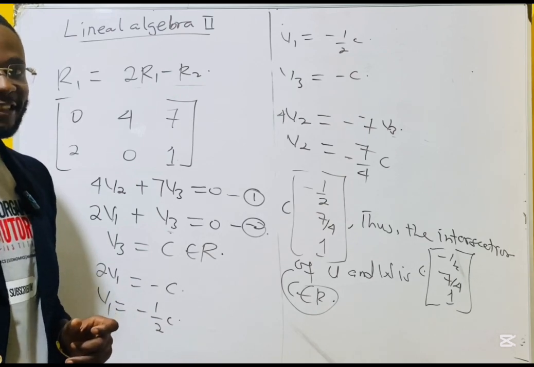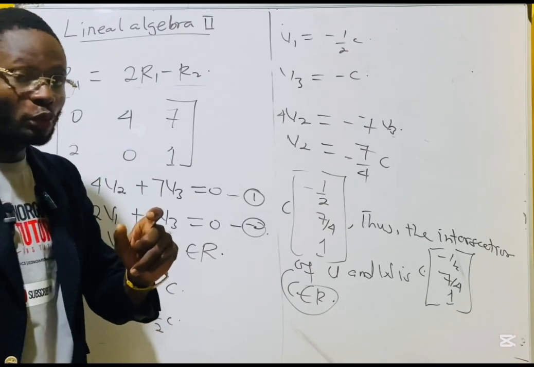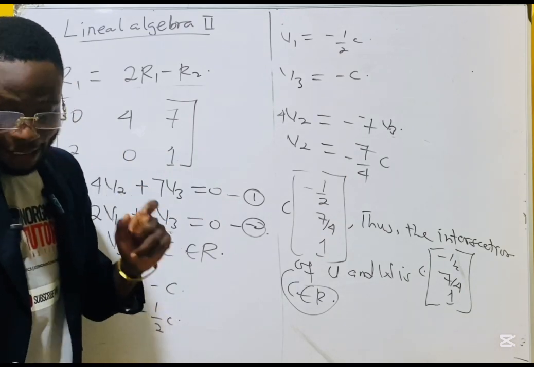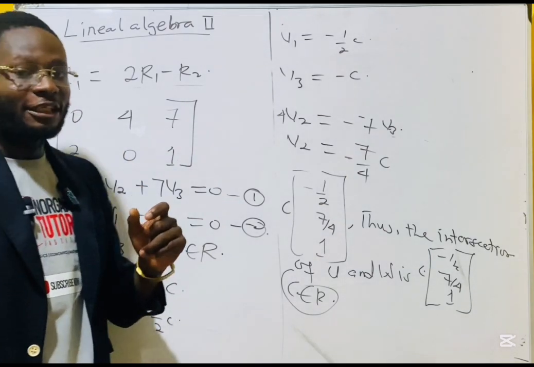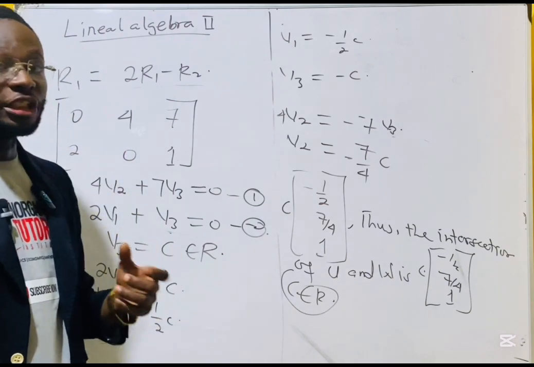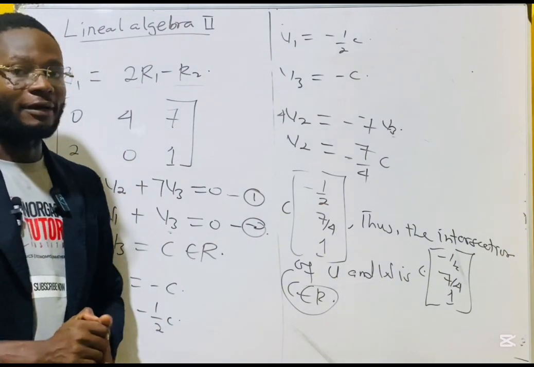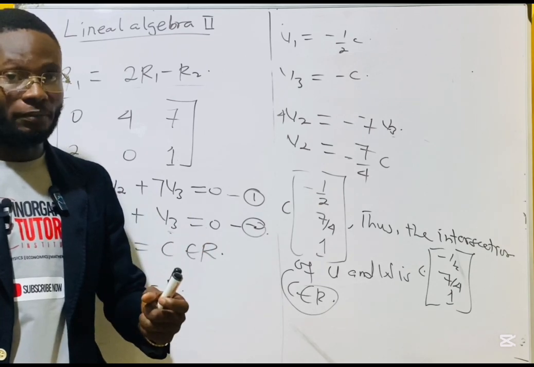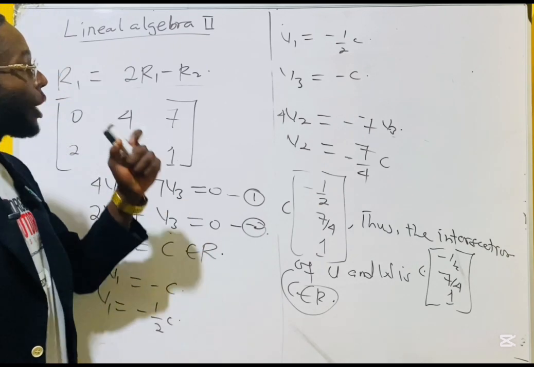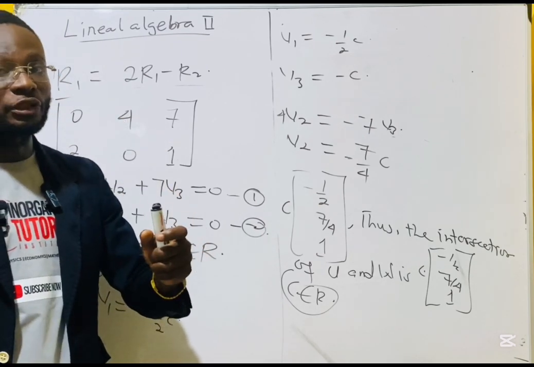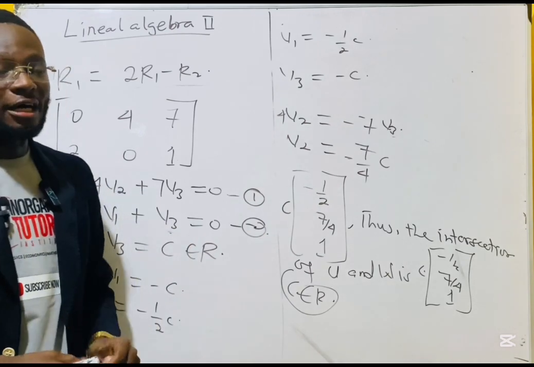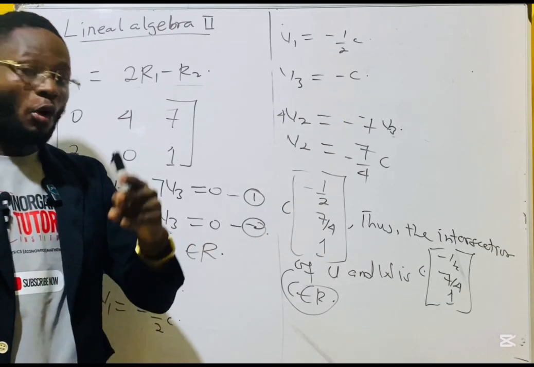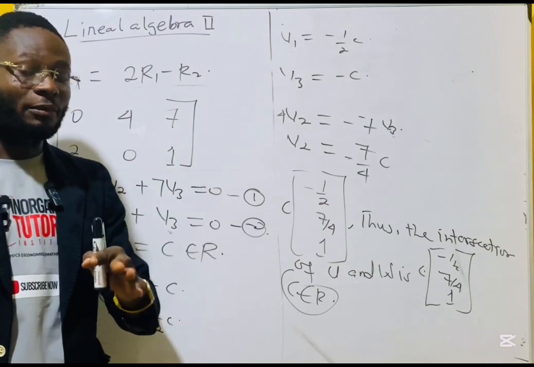Very simple, right? So if you have two subspaces and you want to find the intersection between these two subspaces, first of all, represent these subspaces in a matrix form. Okay, so once you represent these subspaces in a matrix form, you have 3 variables and you have 2 equations, so more variables than equations.